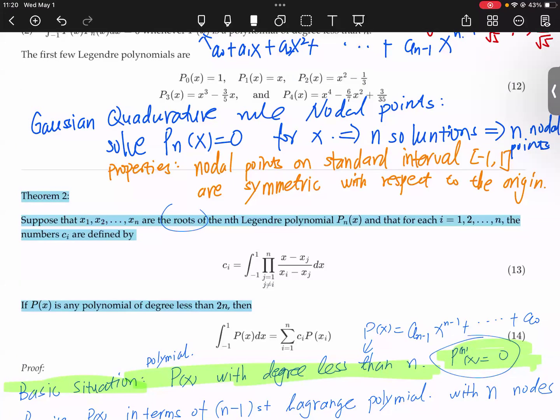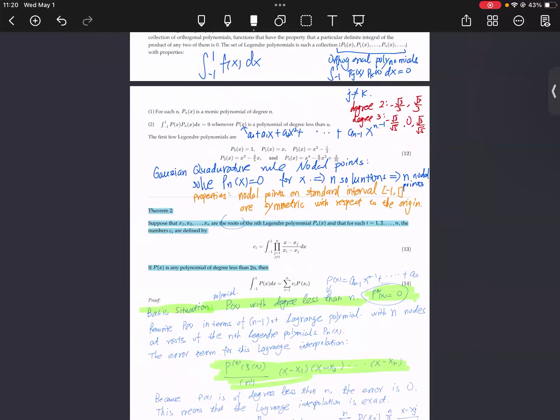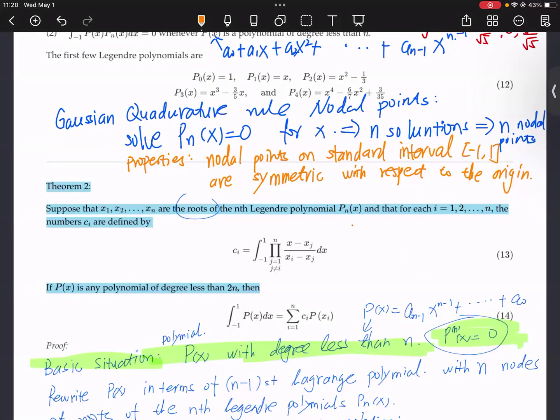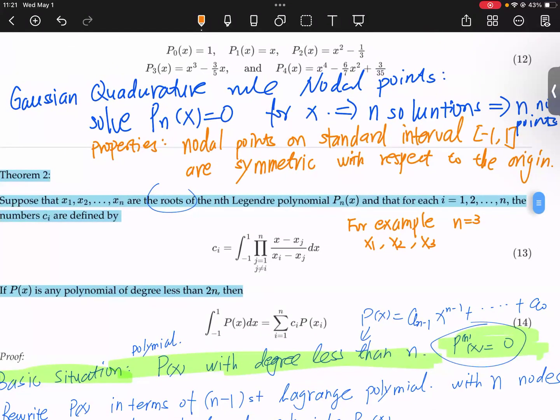For example, let's say n equals 3, so we have x1, x2, and x3.